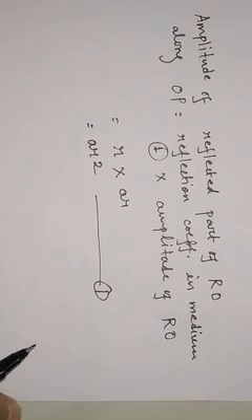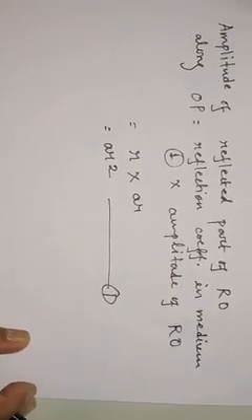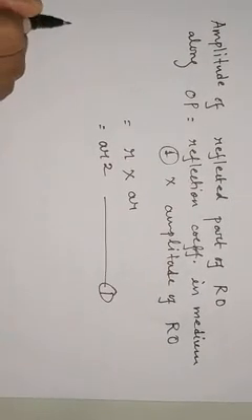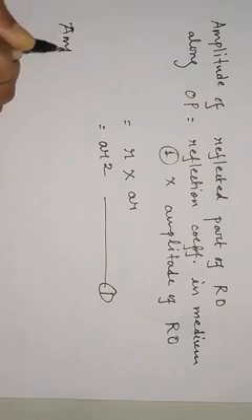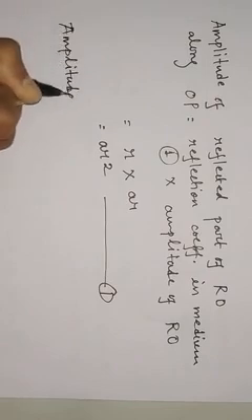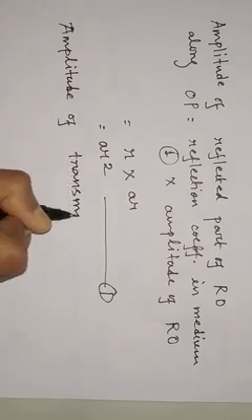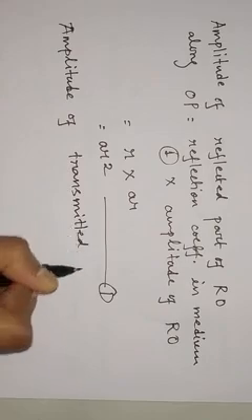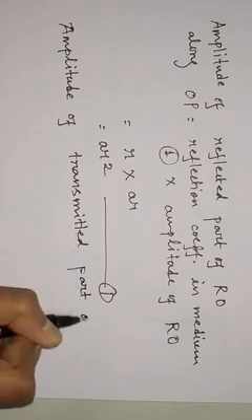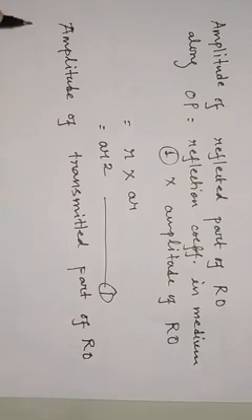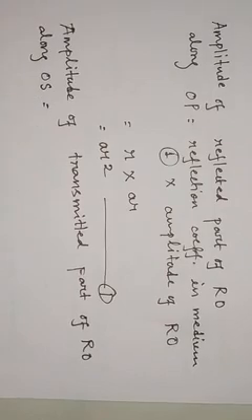Now, what will be the amplitude of the transmitted part of RO, which is along OS? This is the transmission from medium 1 to medium 2.